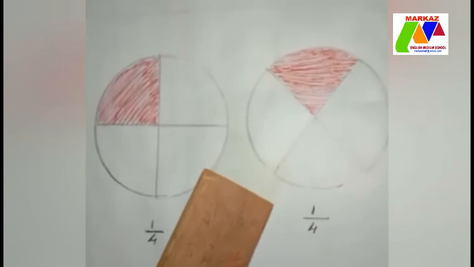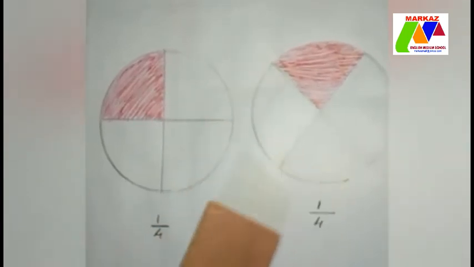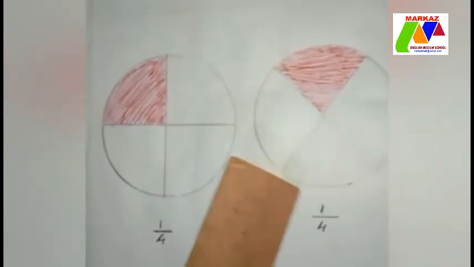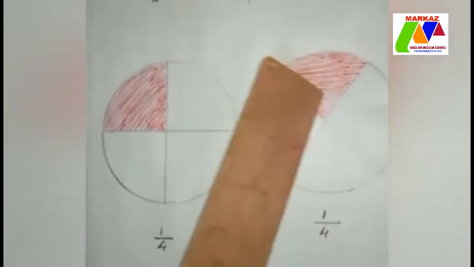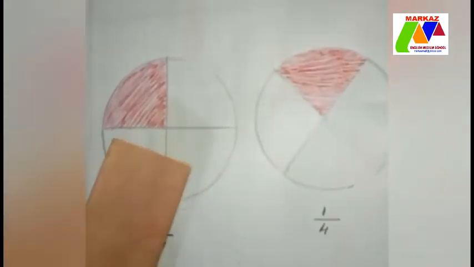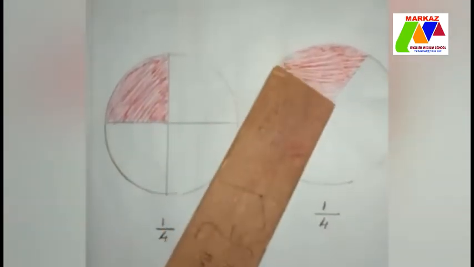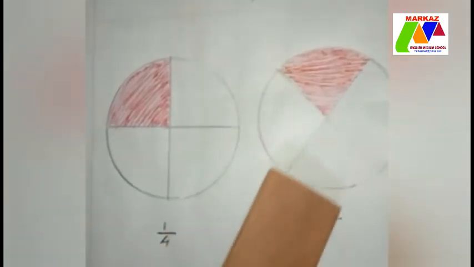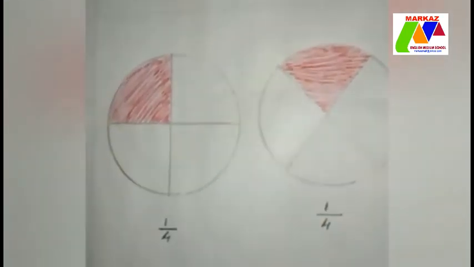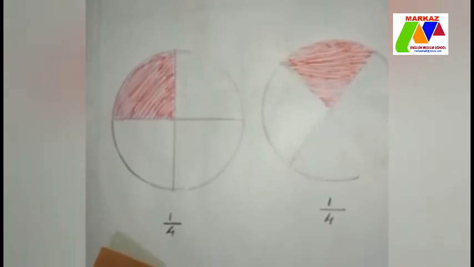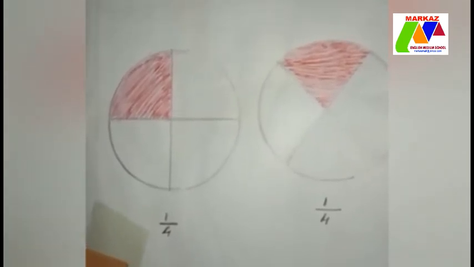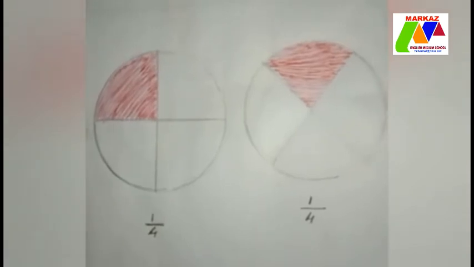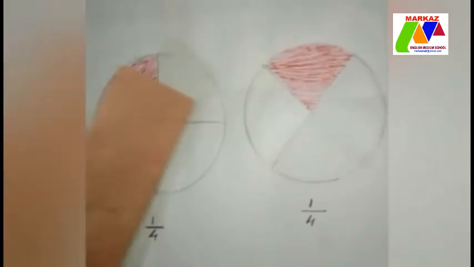Even this circle is also divided into 4 equal parts. 1, 2, 3, 4. And the colored portion is 1 out of 4 equal parts. We can write it as 1 by 4. So, remember 1/4 refers to this colored portion.